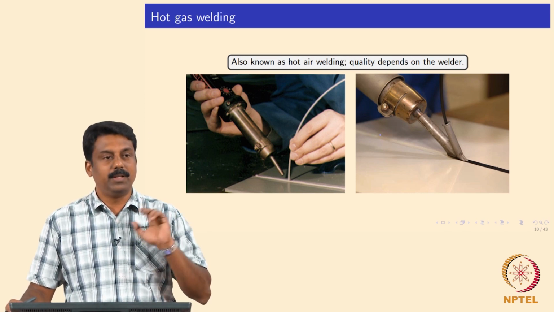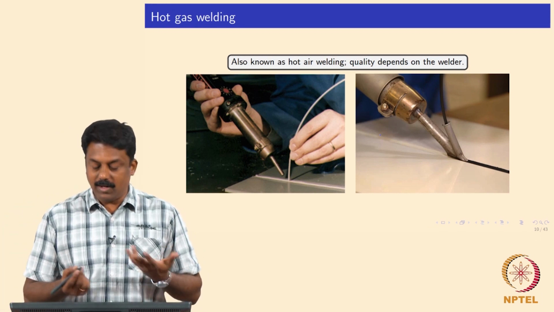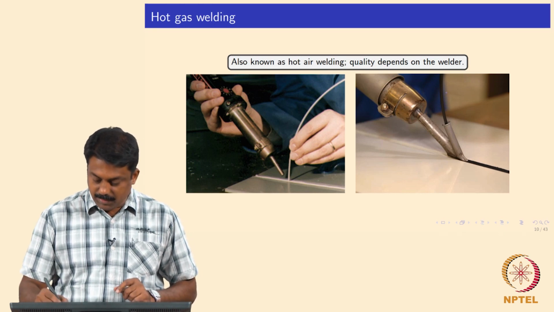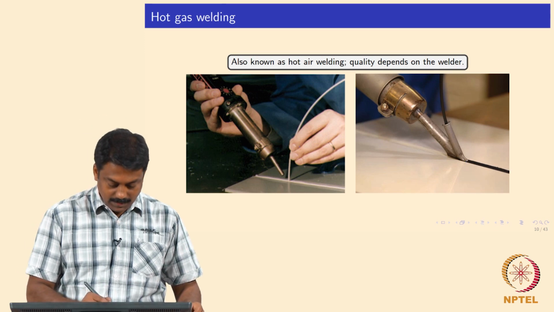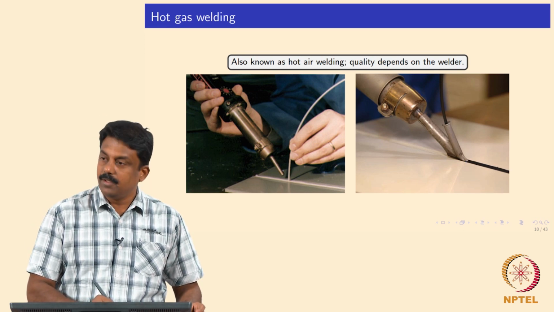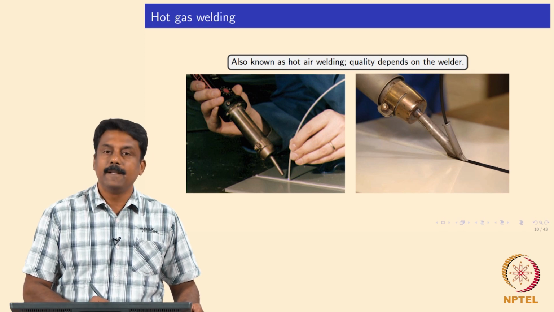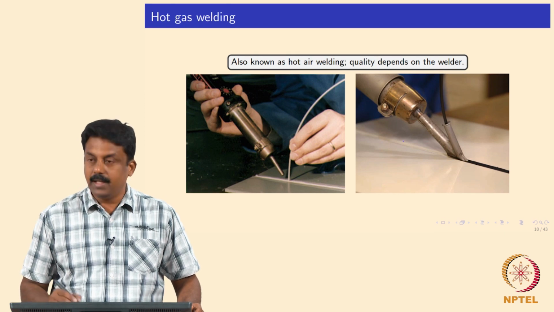In the previous case you used a plate. In this case, we use hot gas or hot air. You melt the interface, and we can also simultaneously add some filler. This filler goes in, and this is the hot air tool which sends the hot air and melts the filler as well as heats up the interface, and the molten filler subsequently deposits at the weld cavity.